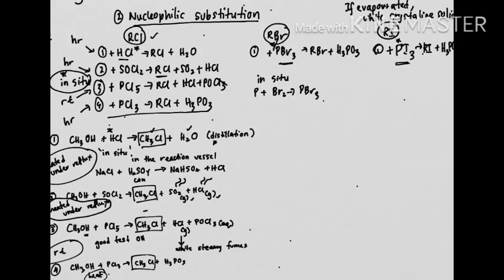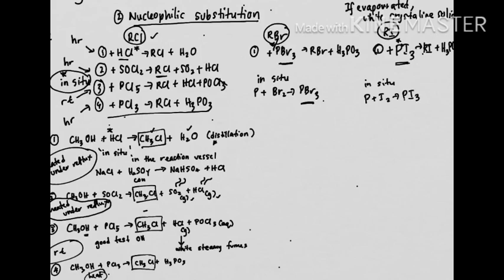Now PBr3 and PI3 are going to be prepared in situ, similar to my explanation earlier. In situ means in the same reaction vessel. How do we do that? We have to use red phosphorus, P plus Br2, to give you PBr3. The same thing applies for PI3, where you also have to do it in situ. You are going to have P and I2 to give you PI3.